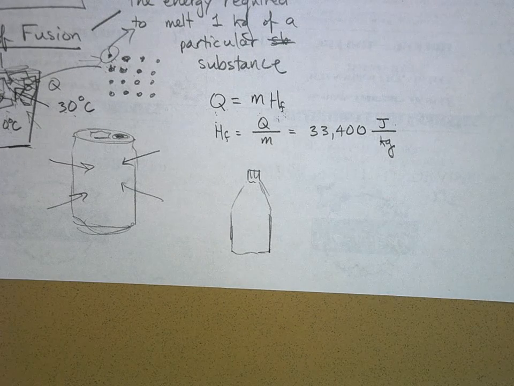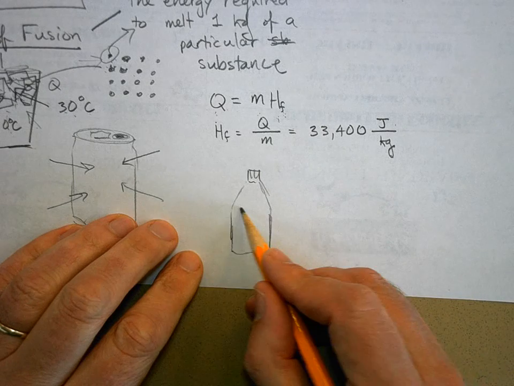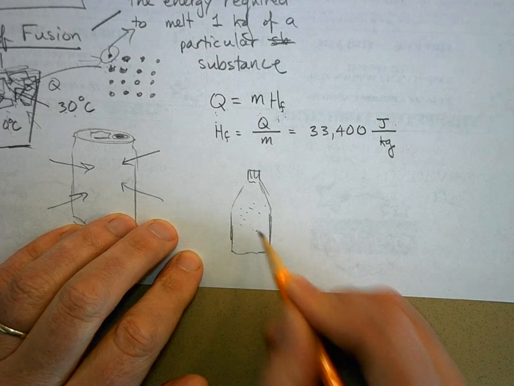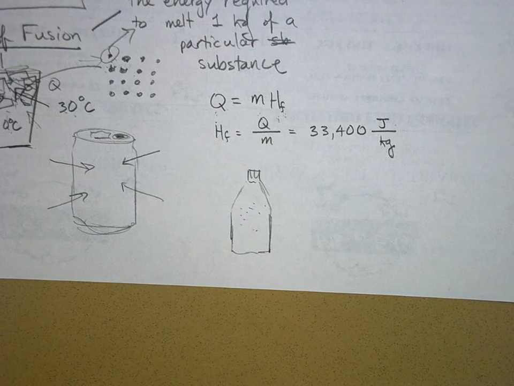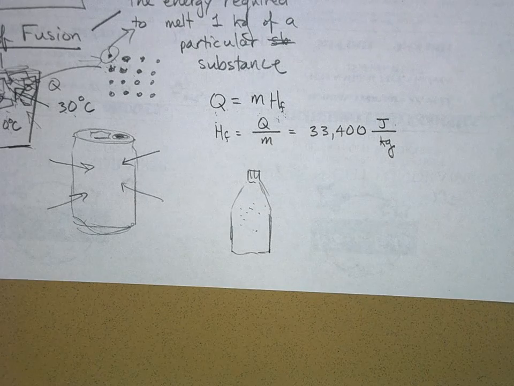Let's say you get it down to 0 degrees Celsius. And by the way, try this, take a bottle of water, put it in the freezer, and check it every hour. And you can actually watch the ice crystals grow in the water until the whole thing is frozen solid.